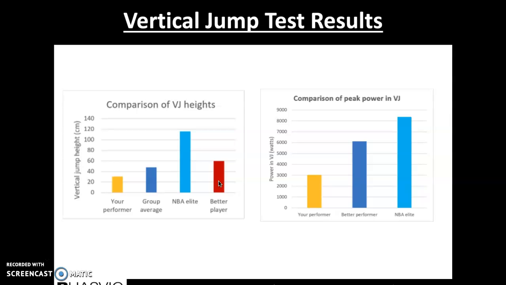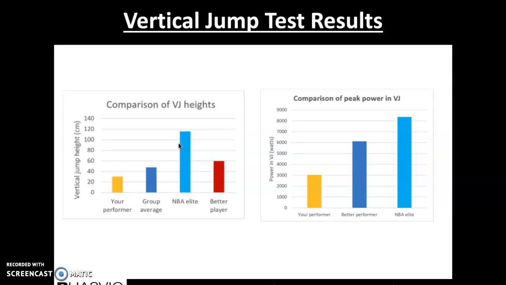So in terms of our jump height, it shows us that we didn't manage to generate enough power to increase our height to that of a much better performer like the NBA or the elite performer. So we didn't reach our peak jump force.